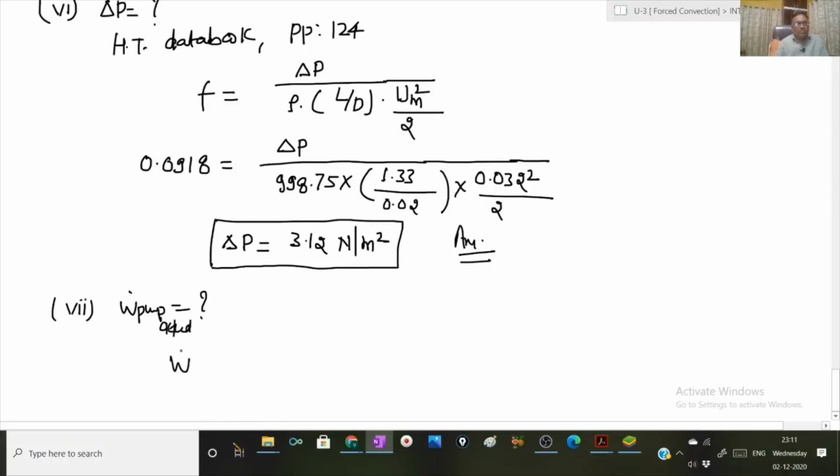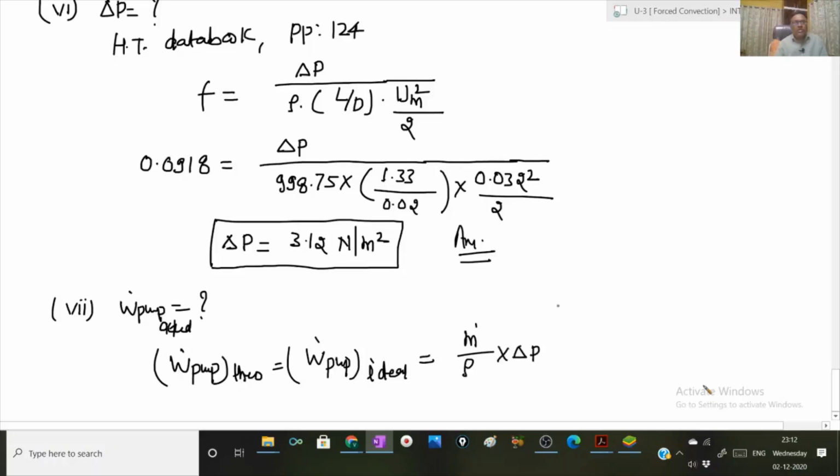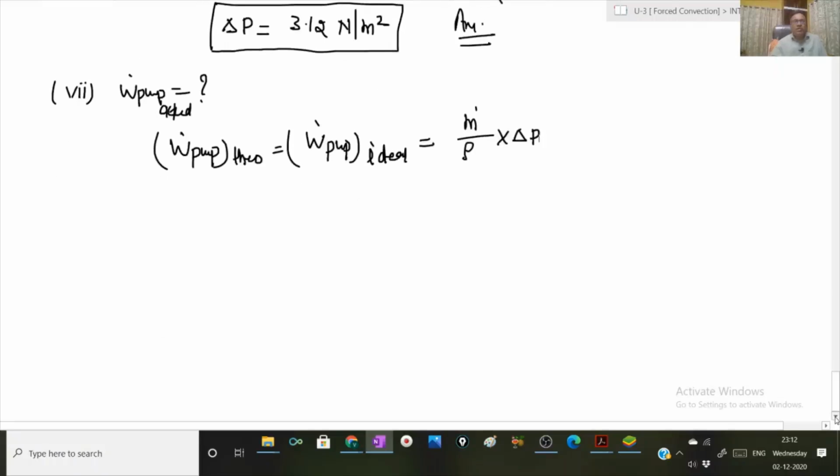The theoretical pump work required, this is the theoretical or ideal pump work, is given as m dot over rho into delta P. This formula is not given in the data book. You are supposed to remember this.